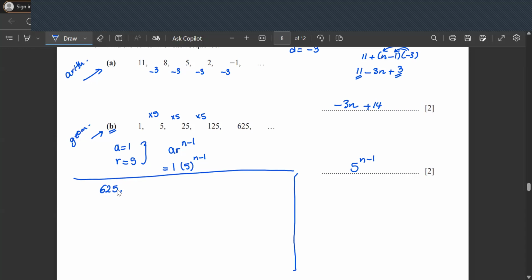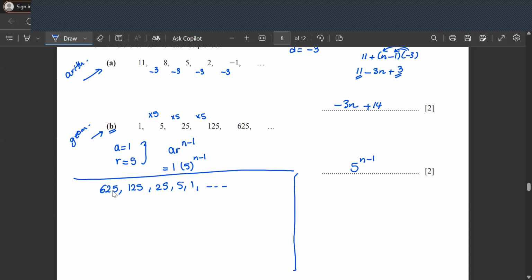Okay, look at this question, what I'm writing. From 625 to 125, it is decreasing. That means it could be subtracting as an arithmetic sequence, or it could be a geometric sequence.